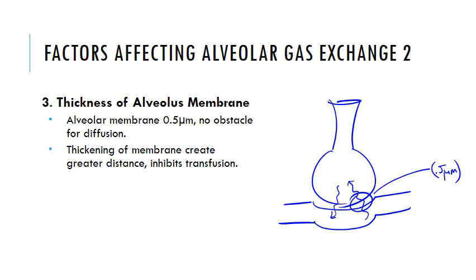But when it thickens, this could be due to chronic inflammation. This could also be due to perhaps mucus or pulmonary edema. This is going to pose more of a challenge, and what we'll see is that gas exchange is often slowed or even inhibited because there is a much larger distance to cross.